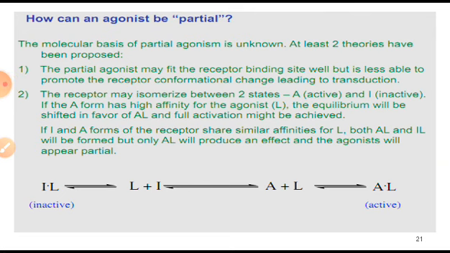One is that the partial agonist may fit the receptor binding site well, but is less able to promote the receptor conformational change leading to transduction. So one theory says they may fit into the receptor site properly, but they are not able to make a conformational change in the receptor molecule.